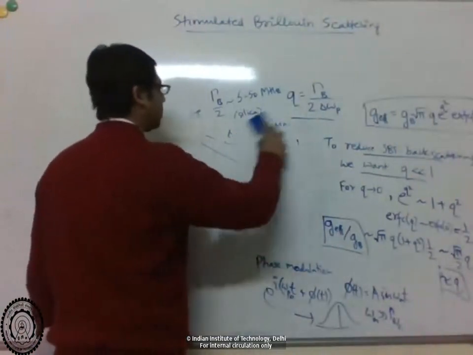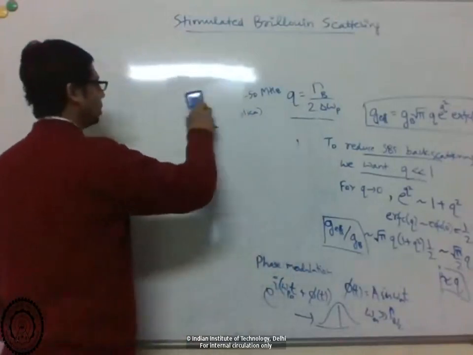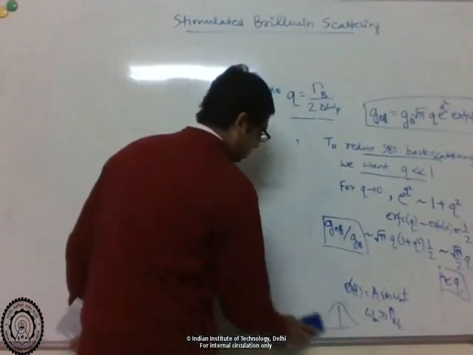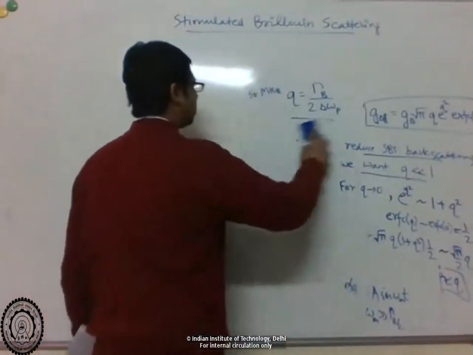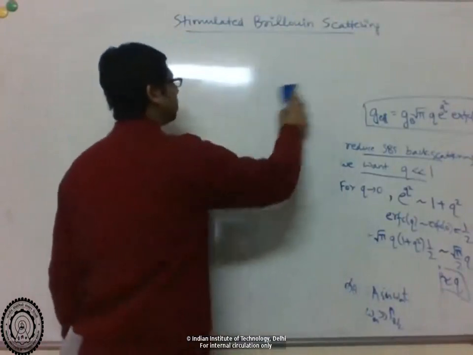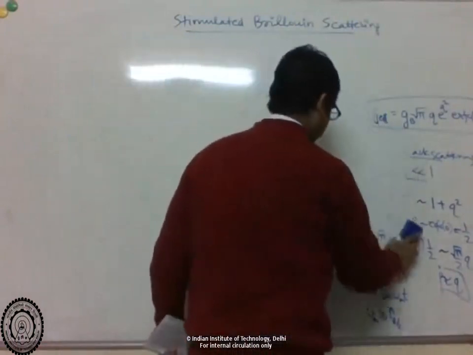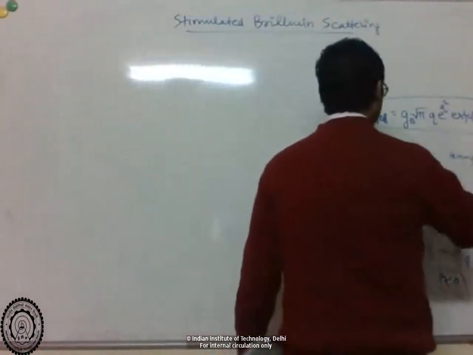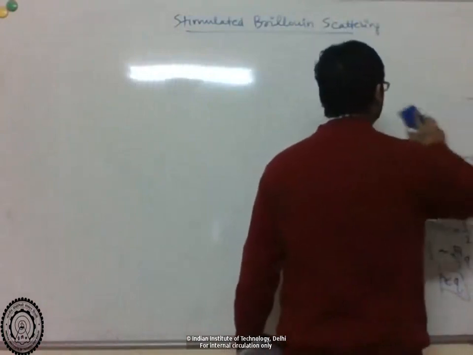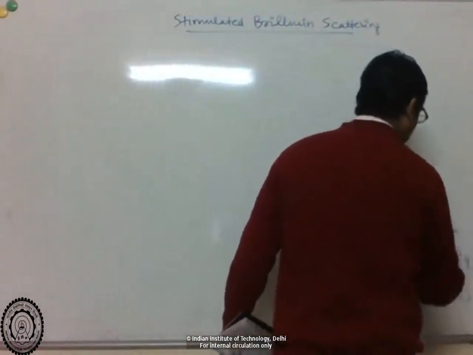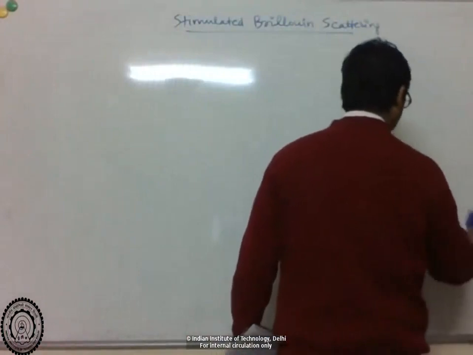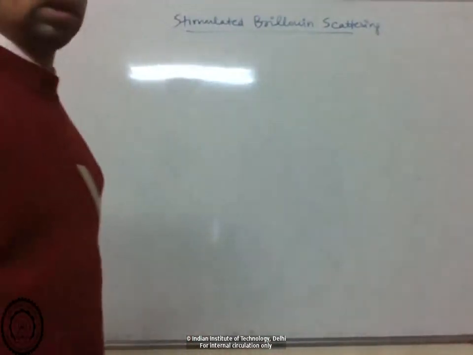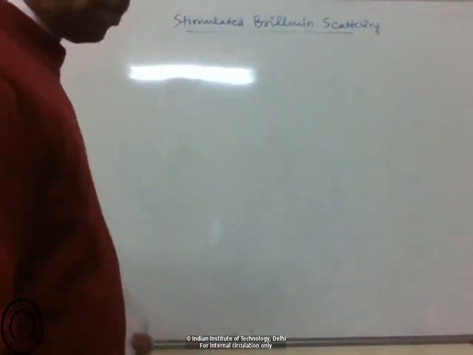But of course, Brillouin scattering has its own applications. We'll look at some of them. Where Brillouin scattering becomes useful is for RF or microwave electronics.